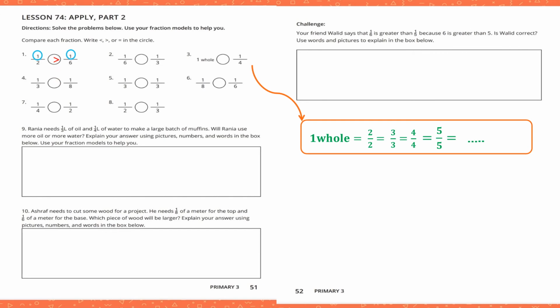Here also we have sixth and third, so the numerators are the same, it's unit fractions. When we compare unit fractions, the big denominator is smaller and the small denominator is bigger.